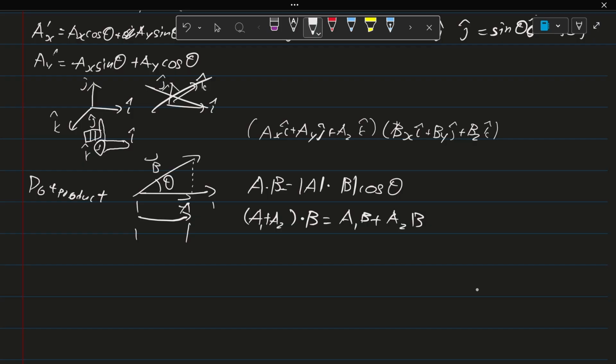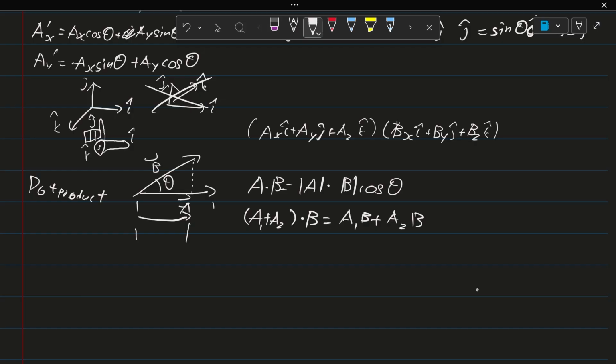But in here is something that we need to note. ax i hat dot bx i hat, this is something, right? But if you know from the properties of the magnitude, you could just extend out your magnitude.